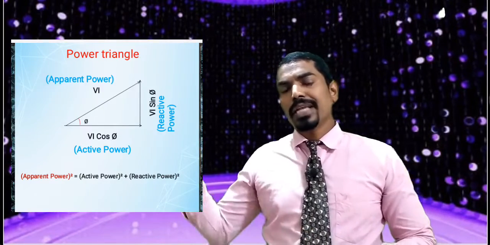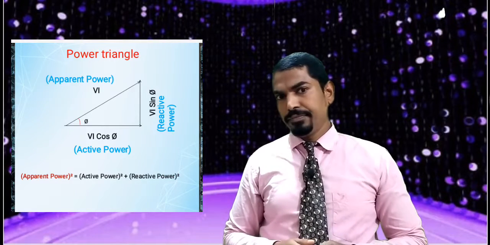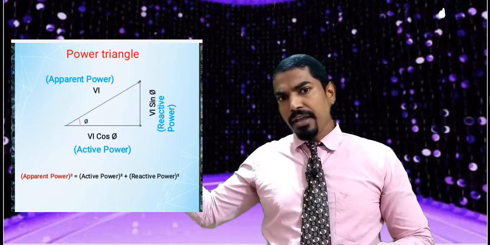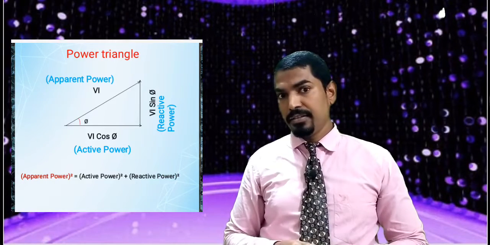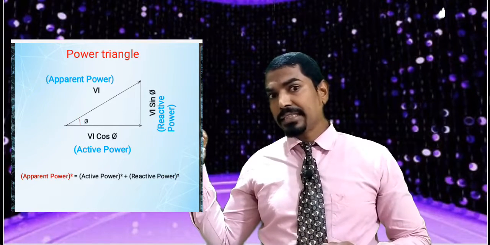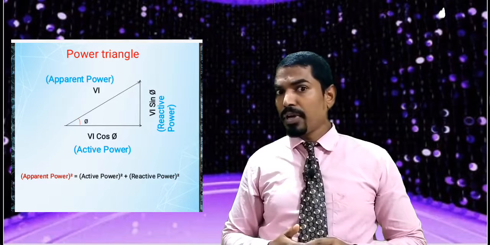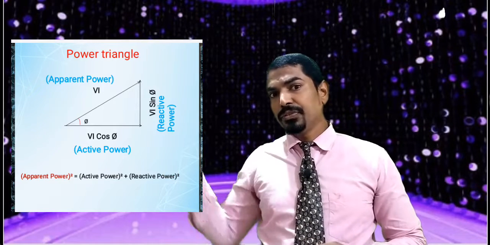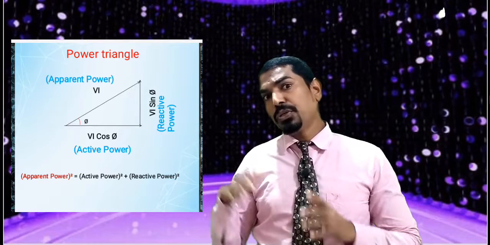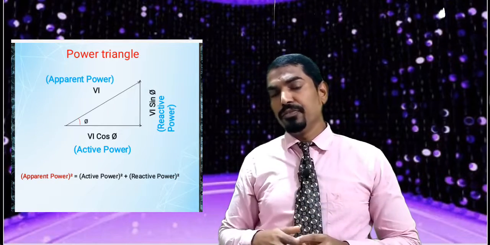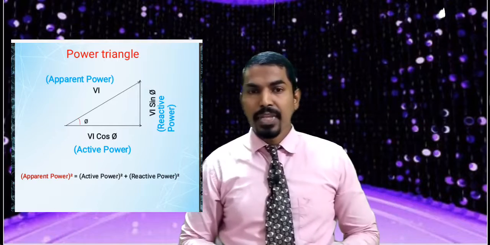Now, to define power factor, what is it actually? Just have a look at the screen. You can see a power triangle. Here phi is the phase angle between voltage and current. On the x axis you have active power, on the y axis you can see reactive power, and the hypotenuse is the total power produced in the system, which is the apparent power.